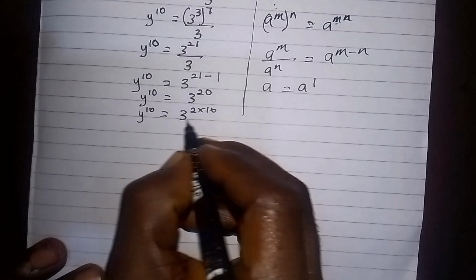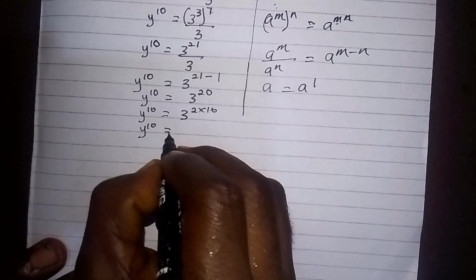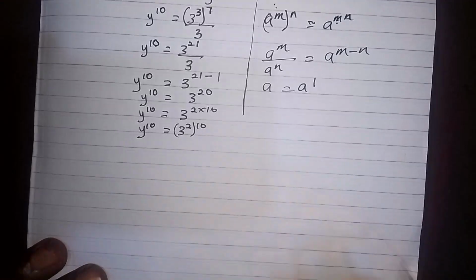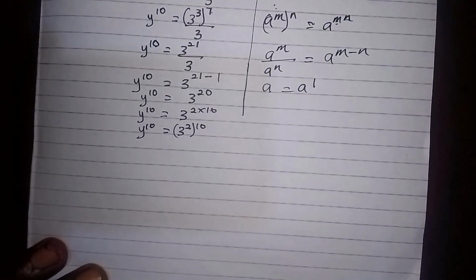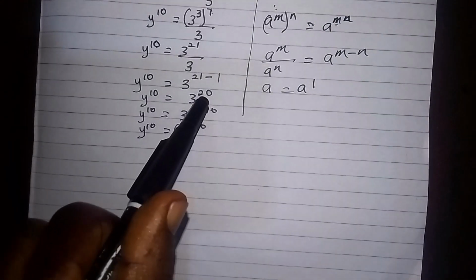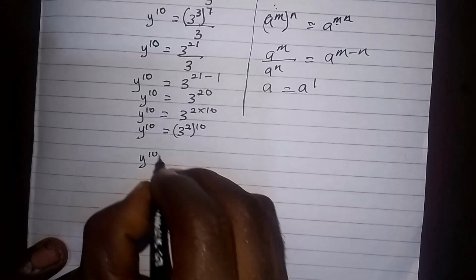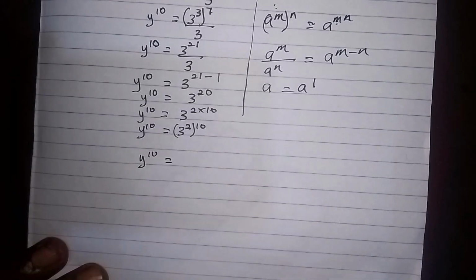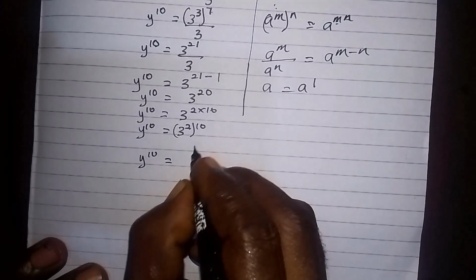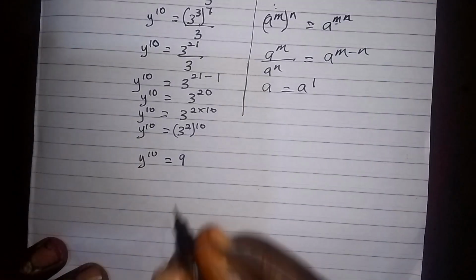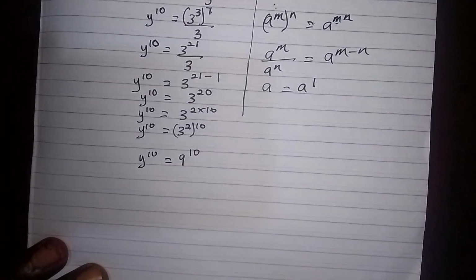This can further be written as y to the power 10 equals 3 to the power 2 all to the power 10. So when I multiply 2 by 10, we get the same 20. This is giving us y to the power 10 is equal to 3 to the power 2, which is 3 times 3, giving us 9, all to the power 10.